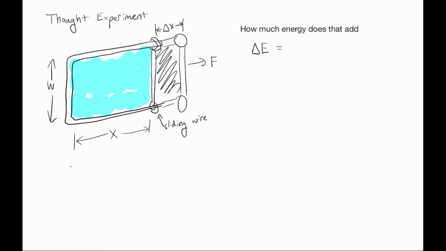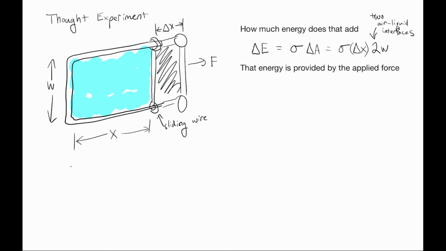Well, that's just a change in energy equal to the surface tension times the new amount of exposed area. So the extra amount of area that I'm exposing is 2 times delta x times the width w shown up here, so the energy change is surface tension times 2 times delta x times w. 2 because there's both a front and a back air-liquid interface. So there's 2 of those interfaces being exposed when I slide forward.